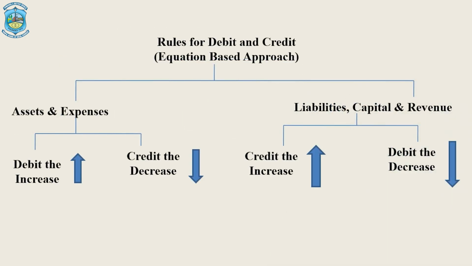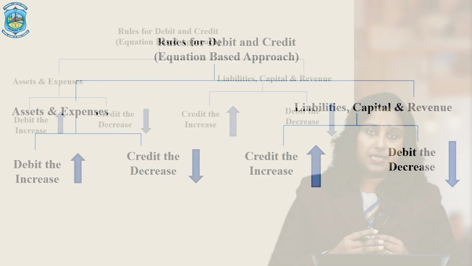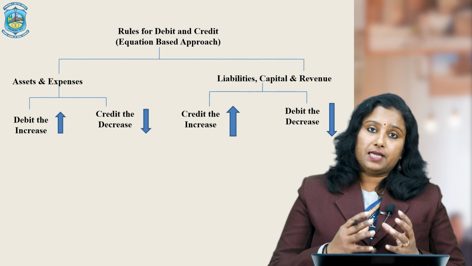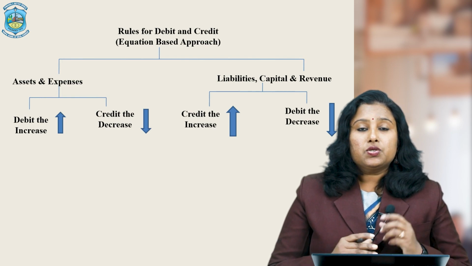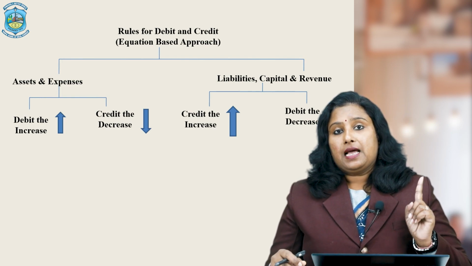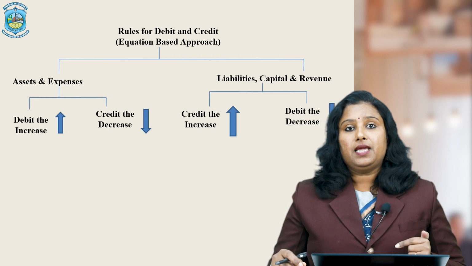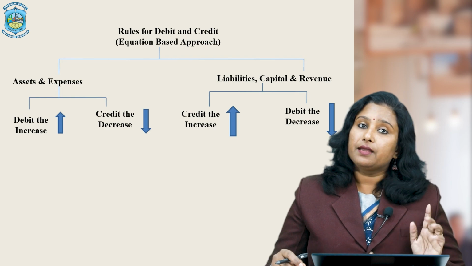In that transaction, either the asset or the liability or capital or revenue or expense will be either increasing or decreasing. Once we have identified whether these are increasing or decreasing, then we go ahead with the rule. The rule is: increase in assets and expenses are debited, whereas decrease in expenses and assets are credited.